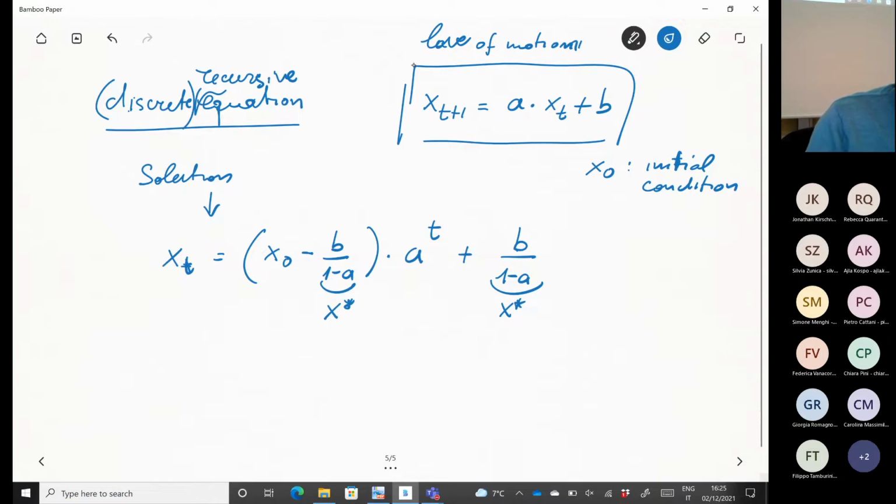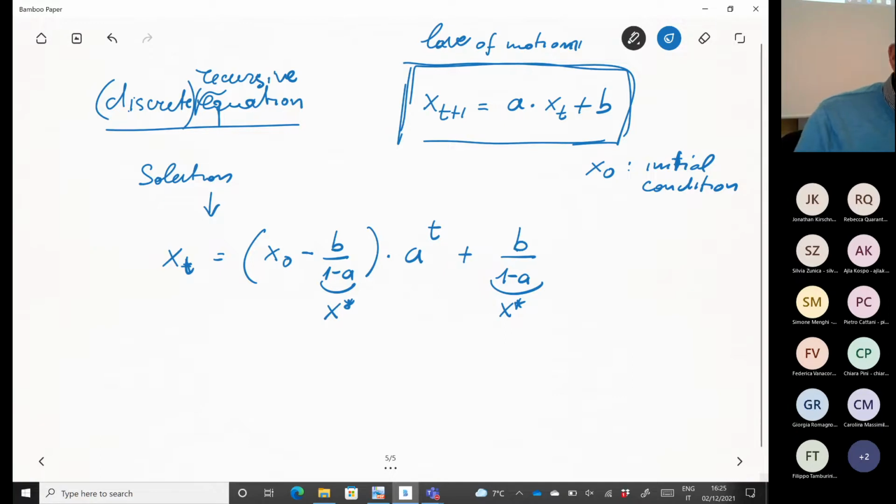Remember that a steady state is by definition a constant solution to our difference equation. A steady state solution is a constant solution, so it is a sequence that satisfies the difference equation, but it is constant. It always remains at the same level.